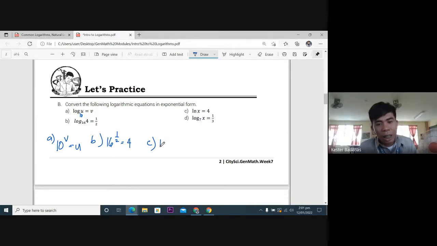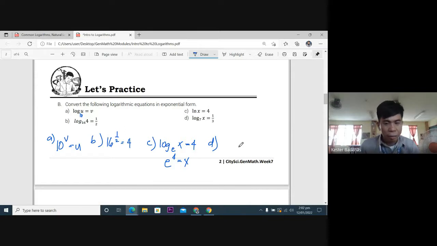Rewrite natin muna. So we have, ang ln natin is actually logarithm with the base e, di ba? So ang ln of x is equivalent to logarithm of x to the base e is equal to 4. So simply rewrite that in exponential. So e raised to 4 is equal to x. So that's correct. So how about letter D?